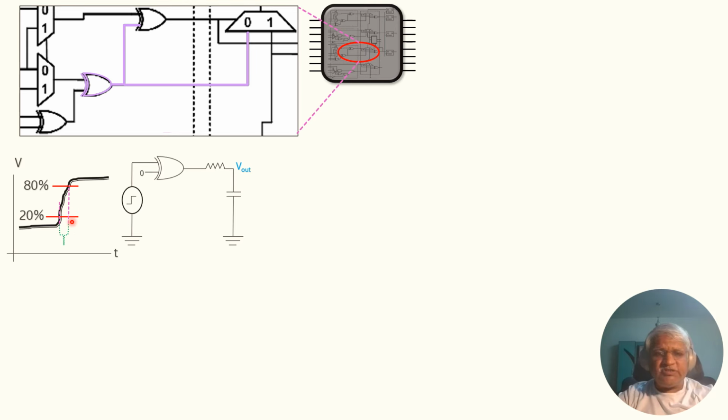Transition time is usually checked between 20% to 80%. This axis is voltage, this is time. During this time, how quickly it can reach from 20% to 80%.